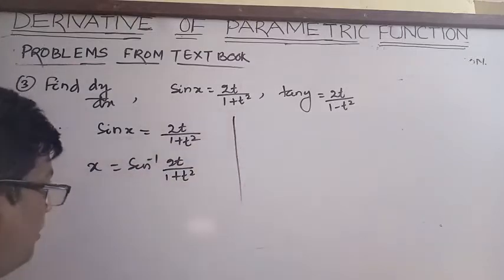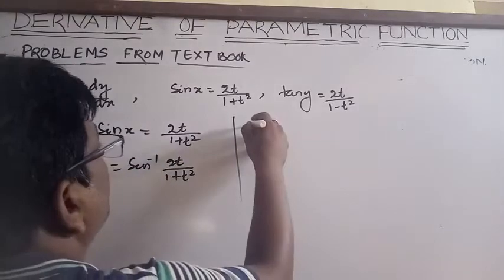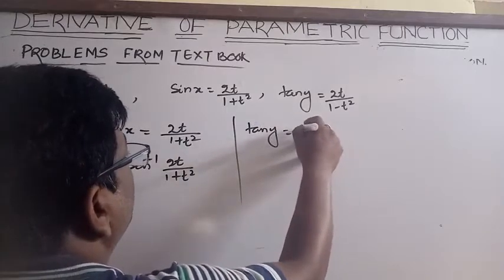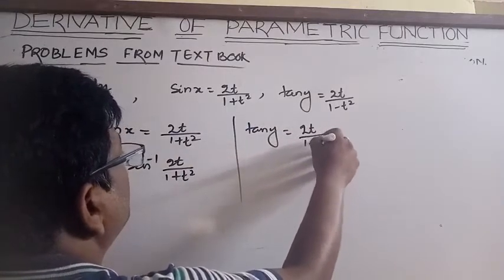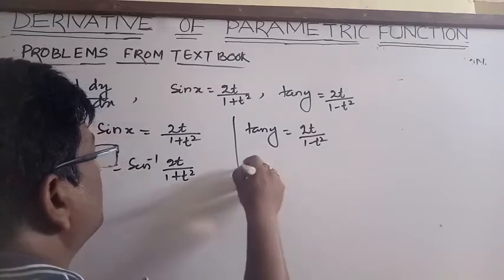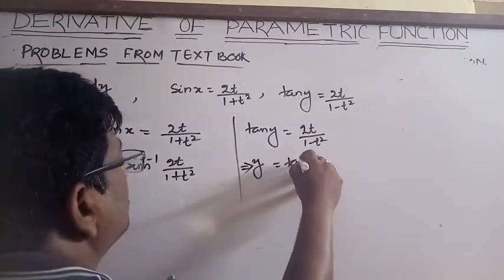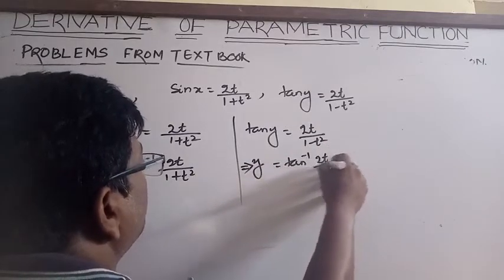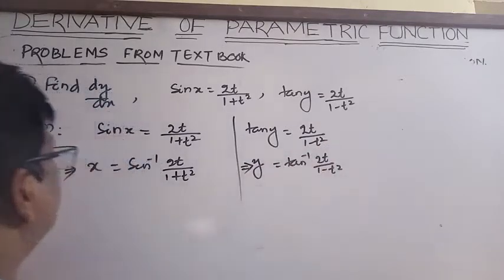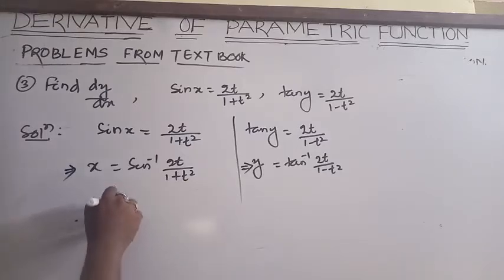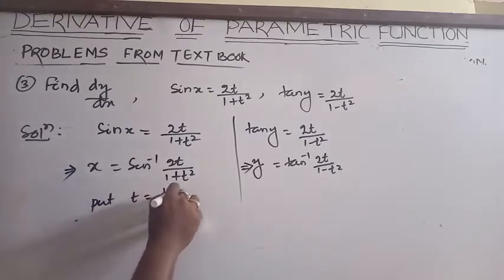Similarly, tan y is equal to 2t by 1 minus t square, and that implies y is equal to tan inverse of 2t by 1 minus t square. Now, to differentiate, we can put t equal to tan theta.